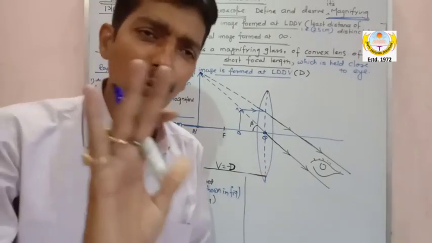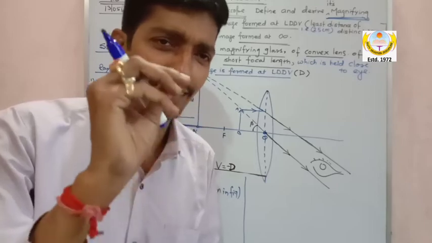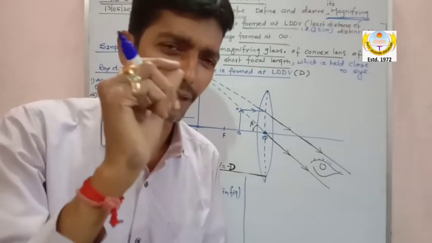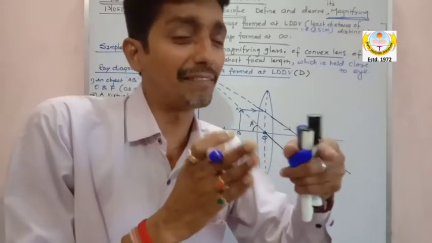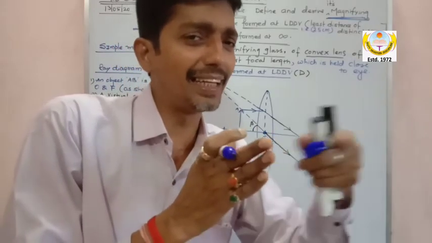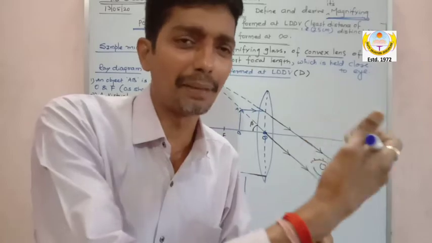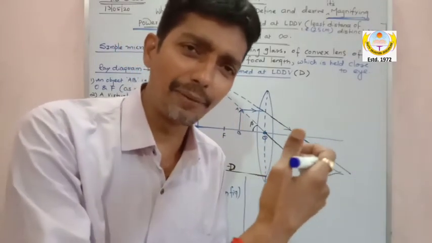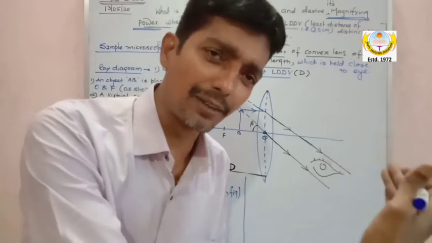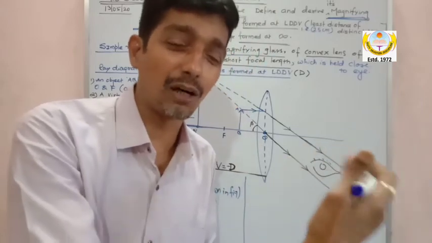But you all know that a normal human eye can easily view up to 25 centimeter, the least distance of distinct vision.